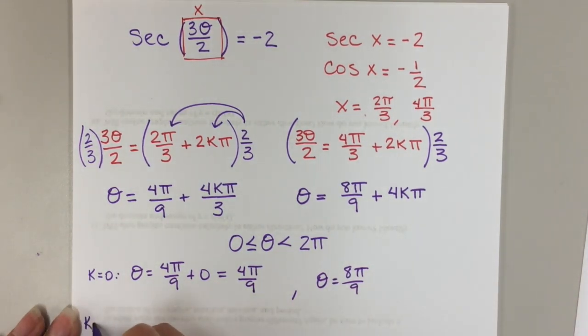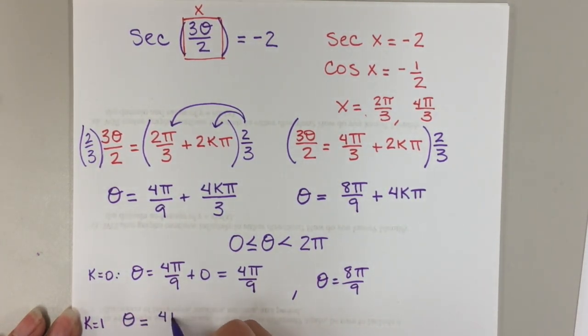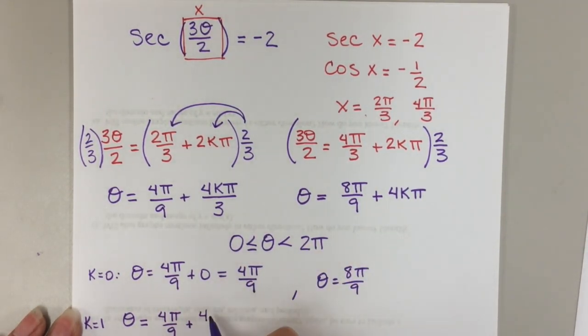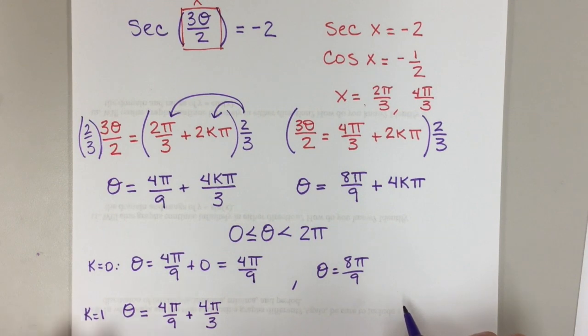Then when k equals 1, we end up with theta equaling 4 pi over 9 plus, and if we plug in 1 here, we have 4 pi over 3. So when we combine these, we need common denominators. So I'm going to leave the first one at 4 pi over 9.